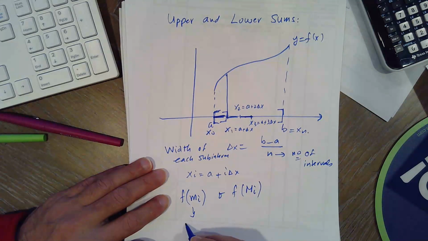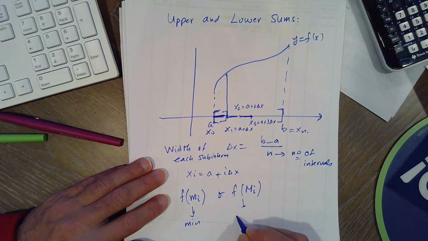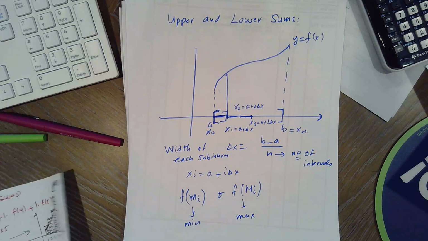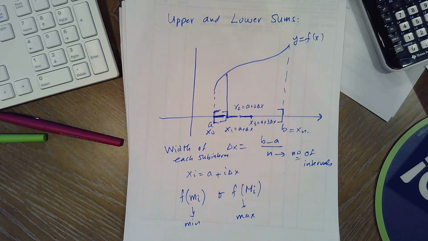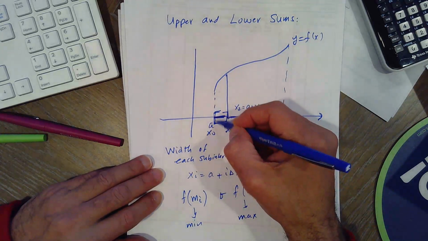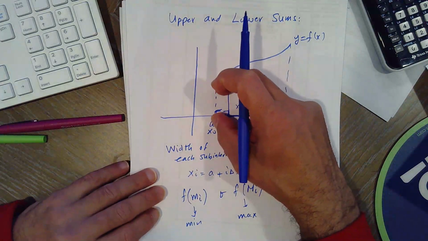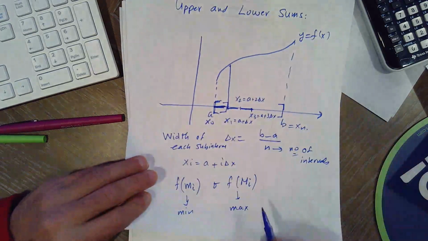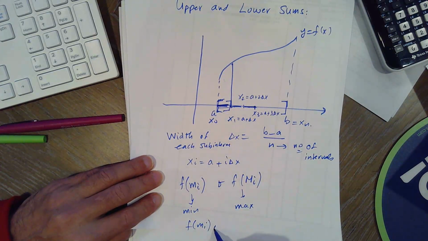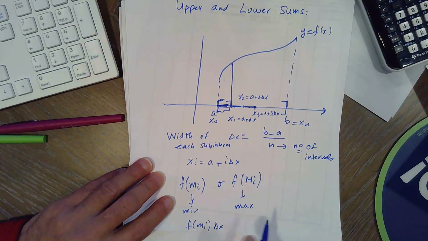This is going to be the minimum, and this is going to be the maximum, thanks to the extreme value theorem. So if you take the minimum, which is the height of the rectangle, and multiply it by the width of the rectangle, which is delta x, that gives you the area of the rectangle.